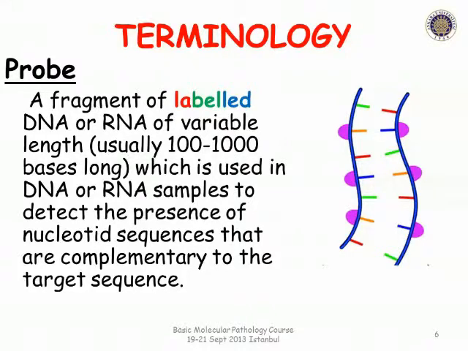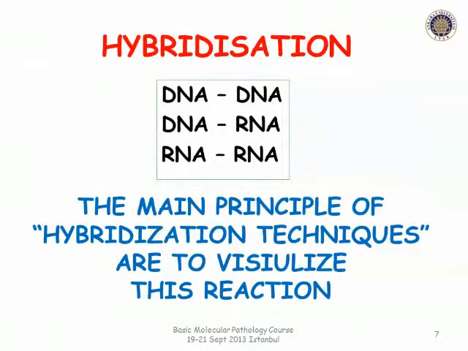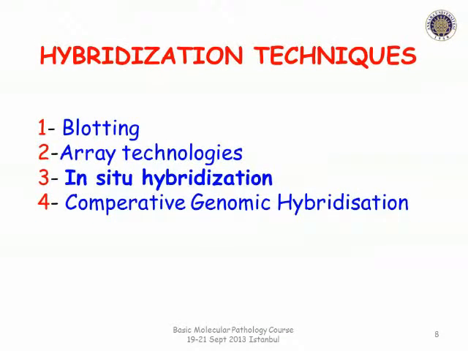This is very important. You have to know all about your probe. In hybridization, the main principle is the visualization of this reaction. So you have to visualize this hybridization reaction.